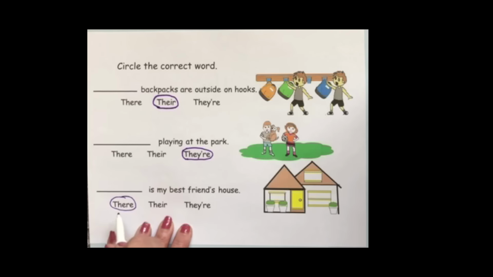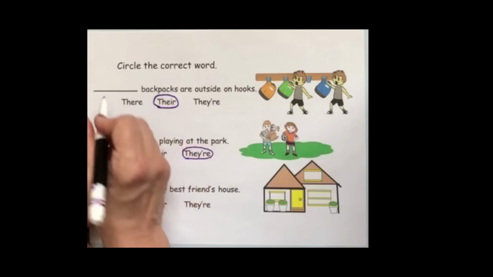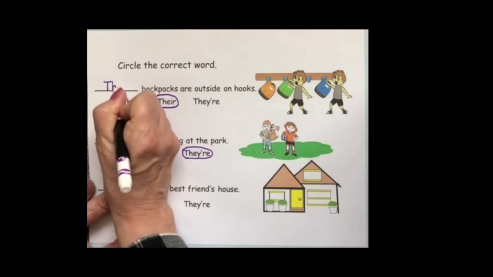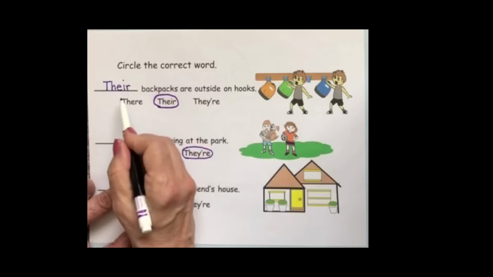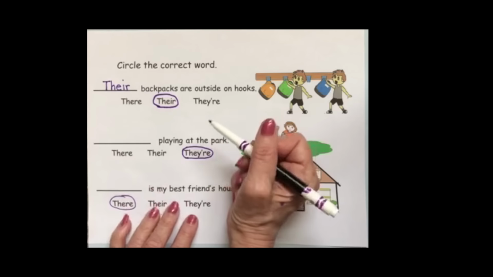And it would be great if you had them go back and write the words in the spaces to review them once again. Capital T-H-E-I-R. Their backpacks are outside on hooks.